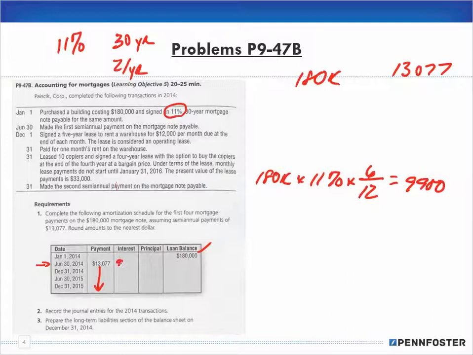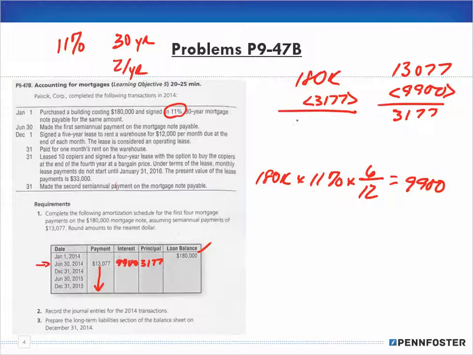So the interest is $9,900, and if we take the $9,900 from the payment, we end up with $3,177. So the principal is $3,177. Now that's going to reduce our loan balance, $180,000 less the $3,177 gives us a new loan balance of $176,823.